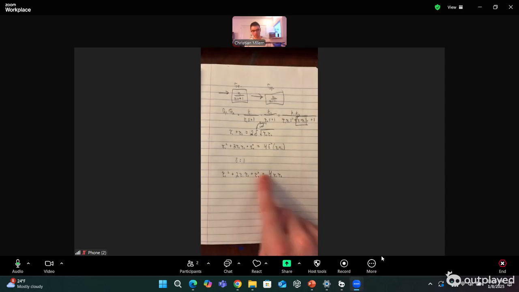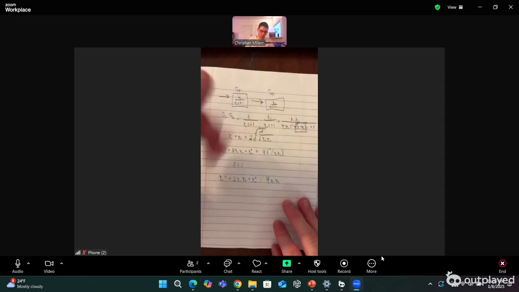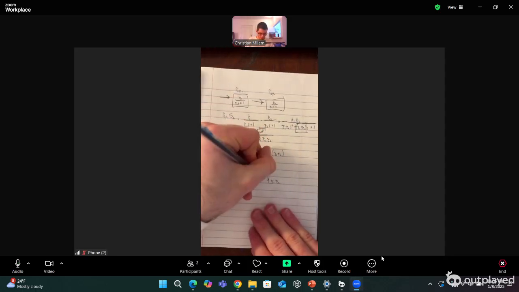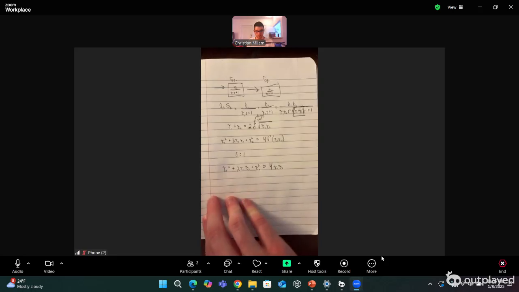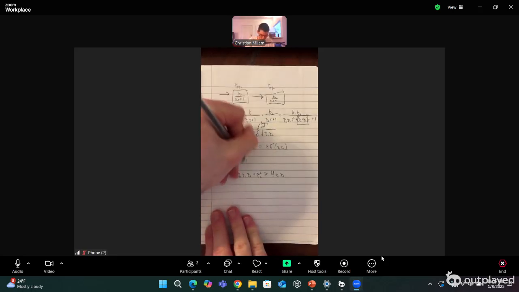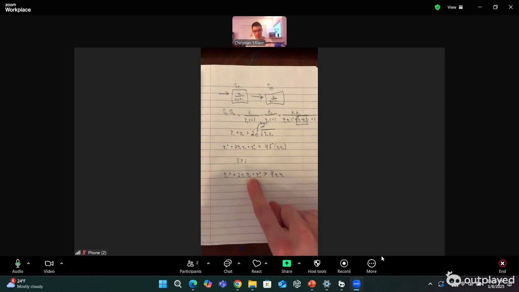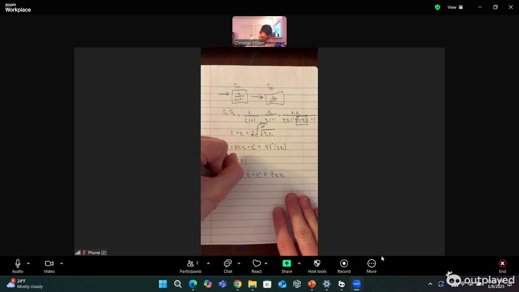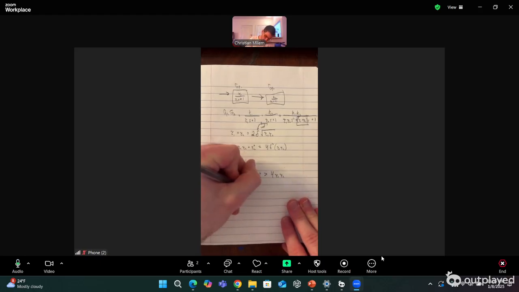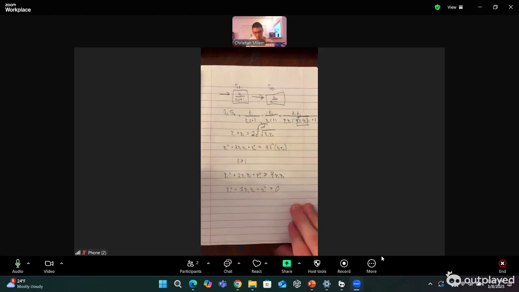So we move this over. This then becomes tau 1 squared minus 2 tau 1 tau 2 plus tau 2 squared is greater than 0.